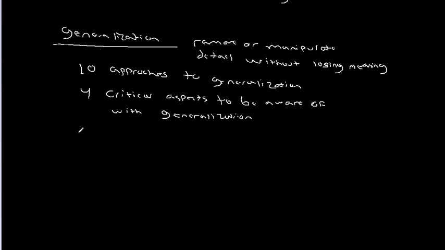And then we're going to wrap up with the best practices of generalization. Right? How do you take these approaches and these aspects and combine them into a set of best practices so that you can feel confident that when you're going through this idea of generalization, that you're making the best choices that you can. So hopefully this all makes sense.